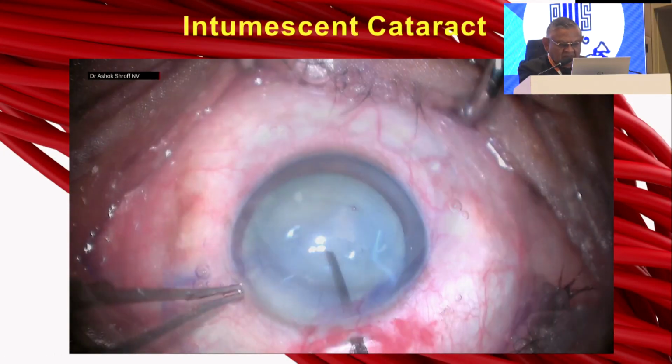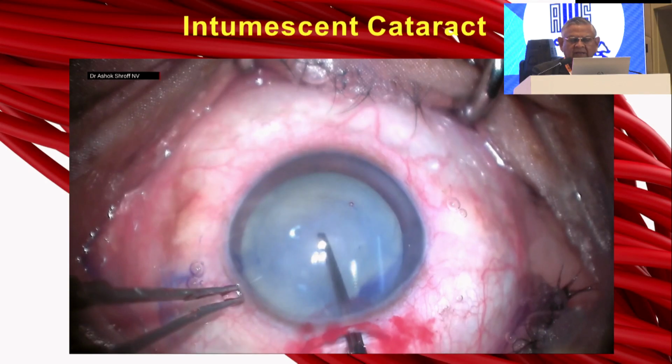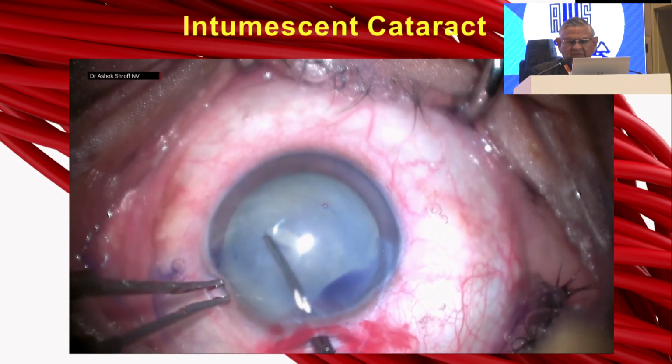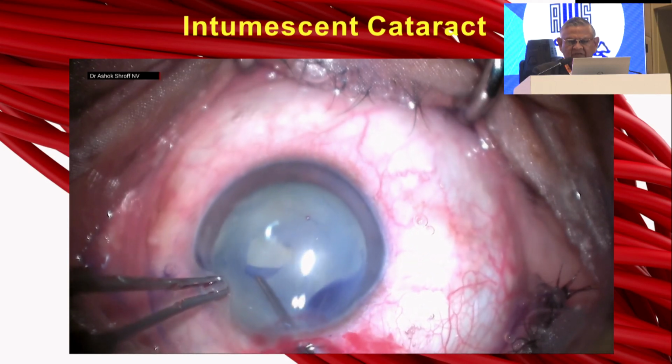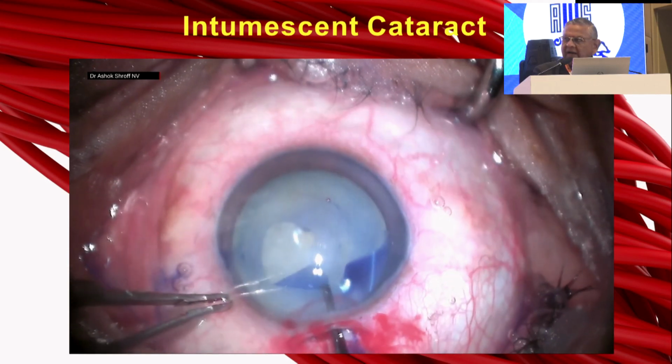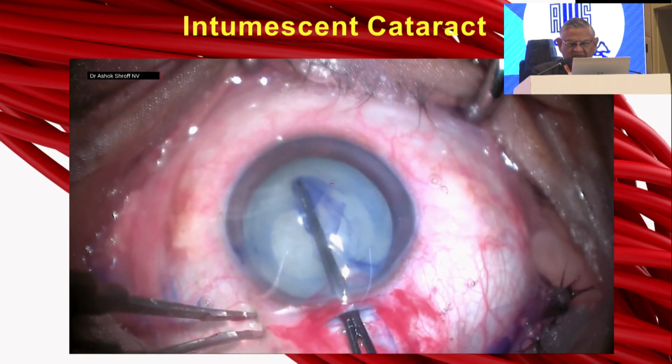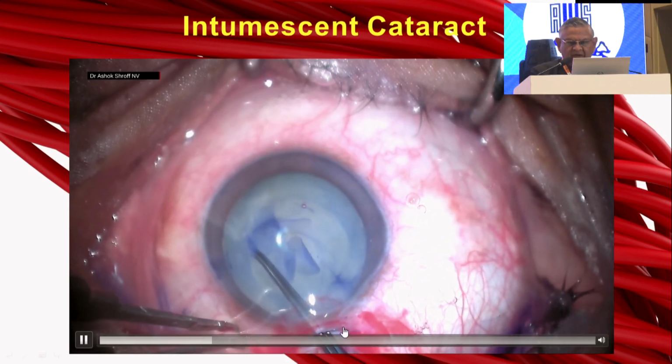There is another case where the rhexis is done. It is a corneoscleral incision because it is a charity case, and we wanted to go for the rigid lens. So the incision has been put here.